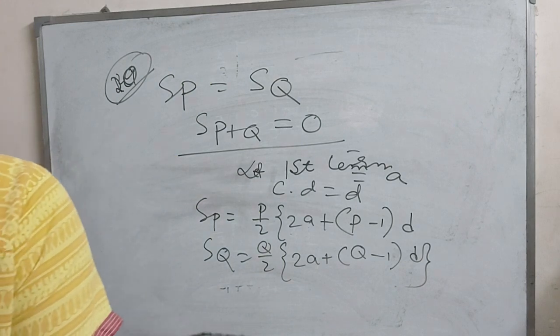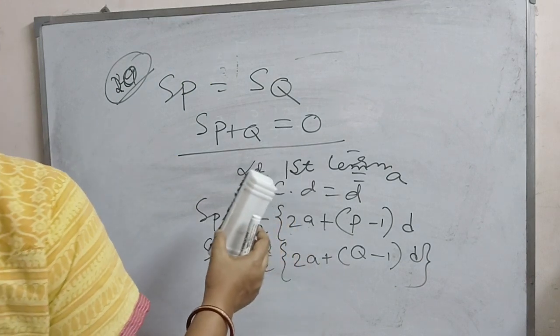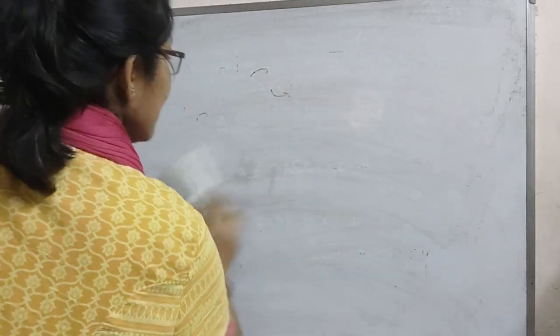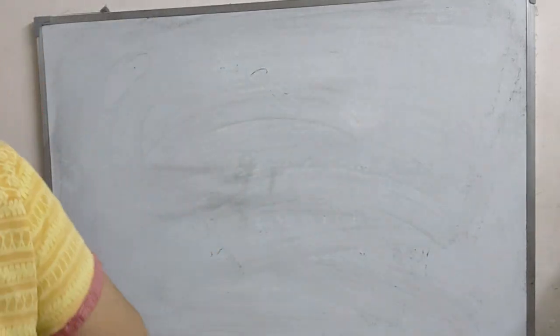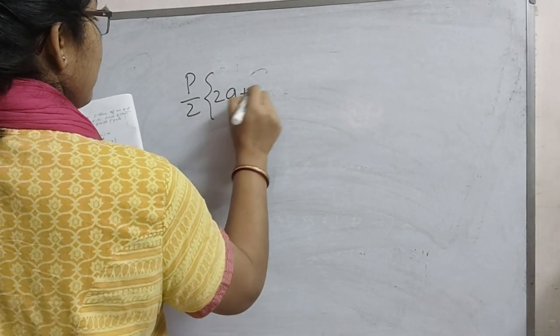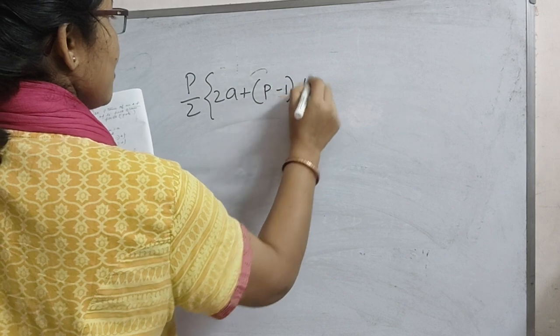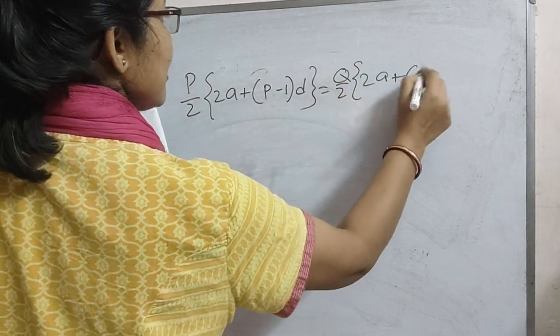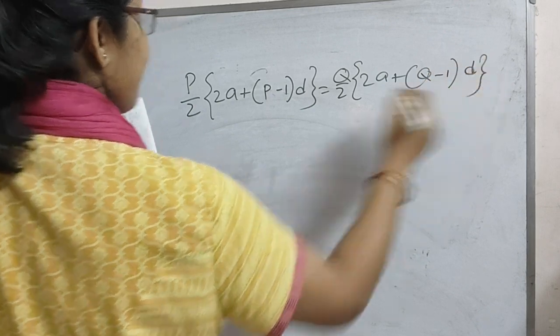Here Sp equal to Sq, that means this equal to this. So p by 2, 2a plus p minus 1 into d, this equal to q by 2, 2a plus q minus 1 into d.